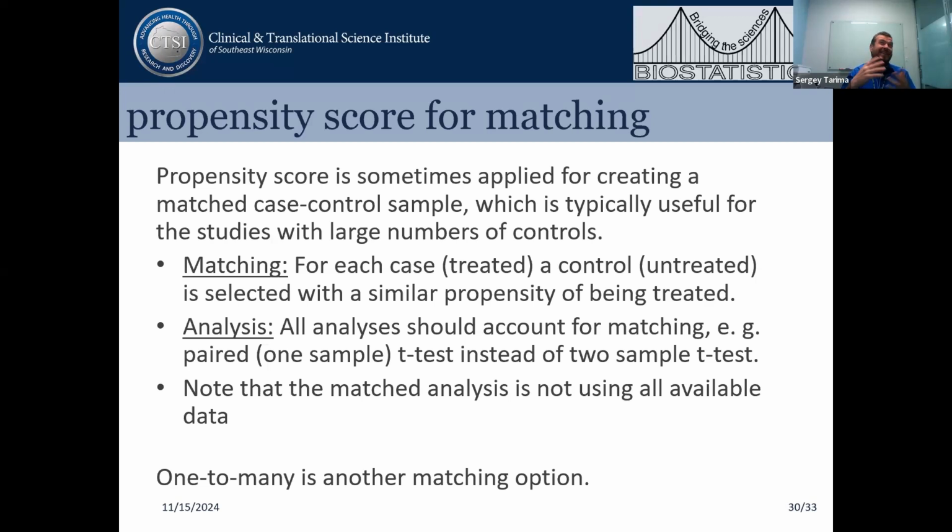If you have thousands and thousands of controls, it's typically not useful to use all of them, right? But if we reduce our sample size from, say, 300 down to 10 cases and 10 controls, maybe you still lose some statistical power. That's why you can consider other options like one-to-many matching.